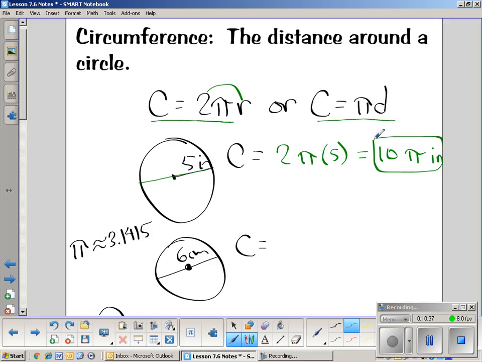If they say round to the 10th, then we take that number, plug it in our calculator, we get 31.4. Again, if you don't have one of these calculators and they're saying round to the 10th place, and you just say 3.14 times whatever, sometimes you'll have an error. I'm not going to say all the time, or most of the time, or half the time.